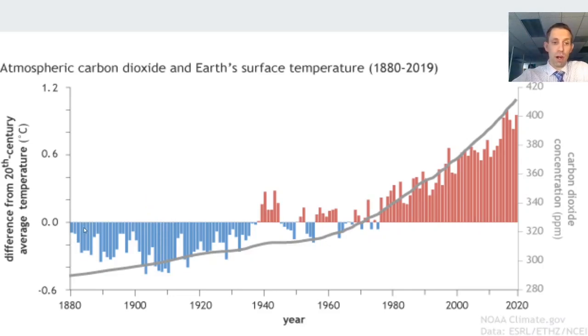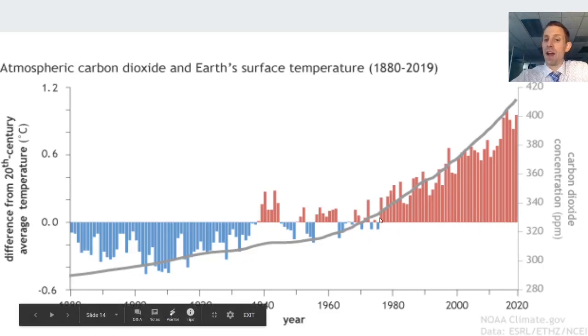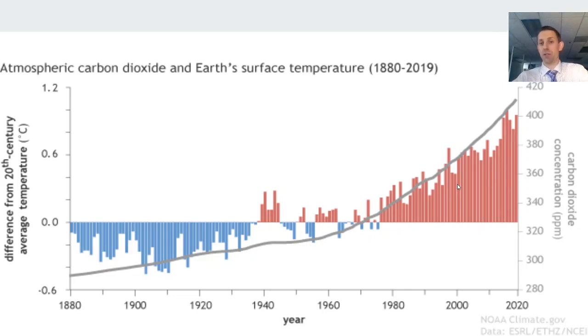So if it's a blue bar, that means that the temperatures during that time frame were colder than it was 100 years ago. If it's a red bar, that means that the temperature is hotter now than at the same time 100 years ago. So as you can see, as the amount of carbon dioxide has increased, the overall temperature has also increased in comparison to 100 years ago.